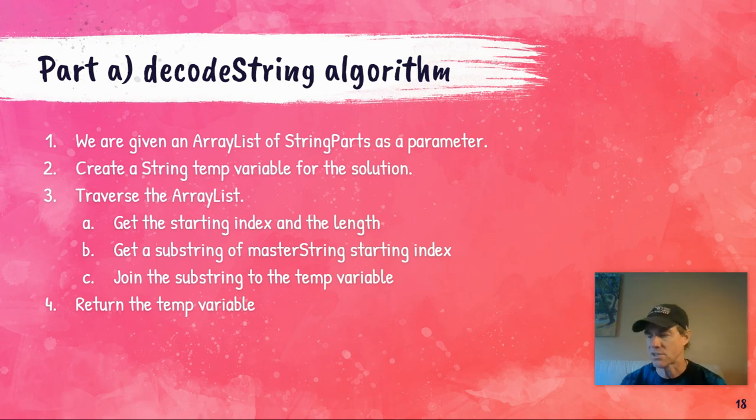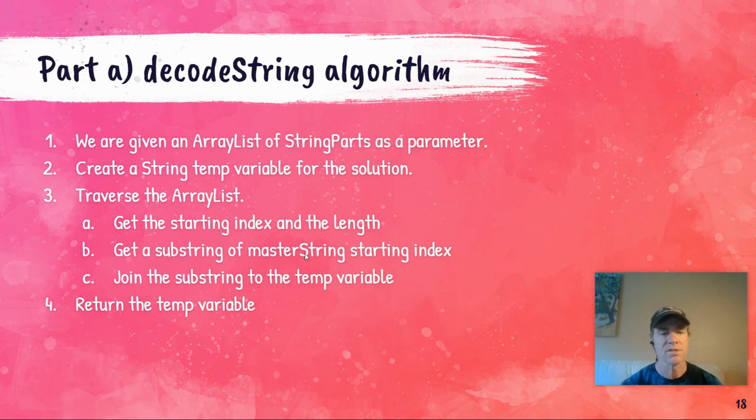With every one that is there, I know what its starting index is, and I know how many letters it's going to take. I'm going to create a substring from master string, beginning at that starting point and stopping at that. That's going to store that substring in a temp. I'm going to join all the temps together and then finally return that when we're done. That's how to decode a method using this particular algorithm.